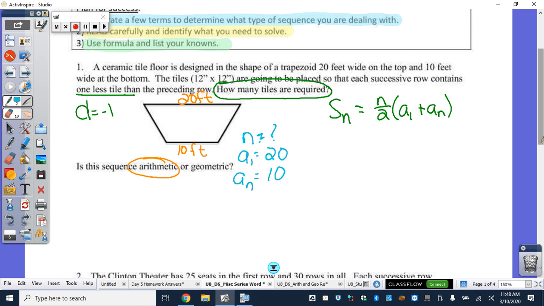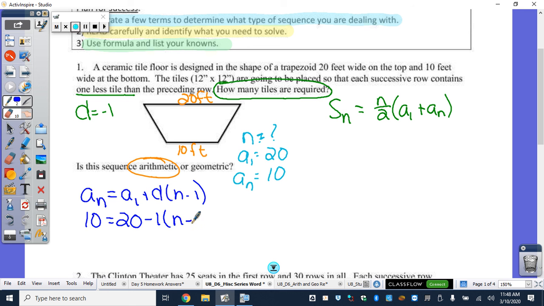So that means we're going to have to go to our other arithmetic formula. And this happens a lot. You have to go back and forth between the two of them in order to be able to answer your problems here. So again, I'm trying to figure out n. So for my a sub n, I put in my 10. My a sub 1 is 20.